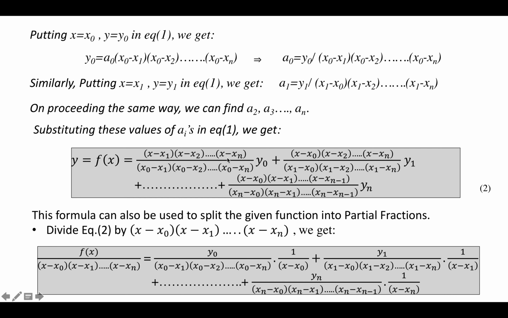Other terms cancel out from numerator and denominator; only this term is left. Similarly, plus y1 over (x1 minus x0)(x1 minus x2) up to (x1 minus xn), multiplied by 1 over (x minus x1), and similarly up to the nth term. So this is the partial fraction of the given function.